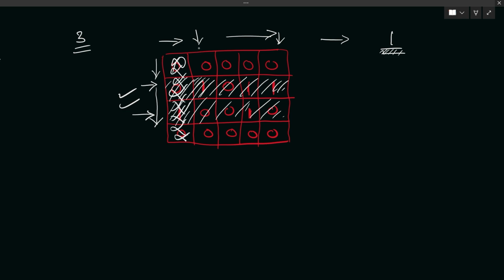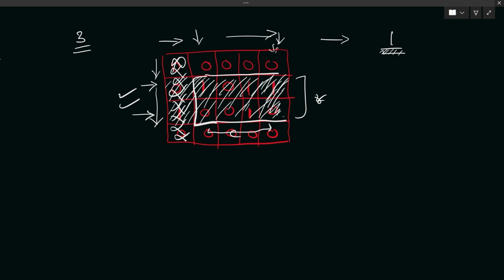In the end we got the boundary as something like this, and as our rightmost pointer is at this column, we have to cover this also. So we got the boundary of this rectangle, and hence we can simply compute the area as the number of columns times the number of rows. So we got our answer. There was no problem when we were asked to find only one rectangle which covers all the ones.